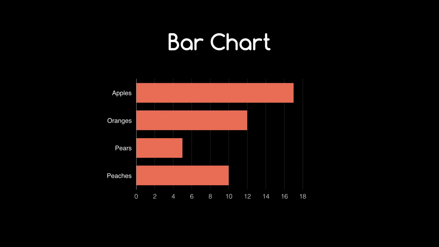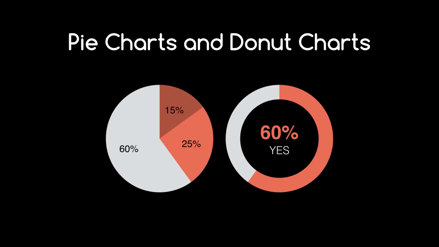Somebody mentioned bar charts. These use the length of horizontal or vertical bars to show discrete numerical comparisons across categories. Then you may have seen in the last talk, Deborah covered pie charts and donut charts.